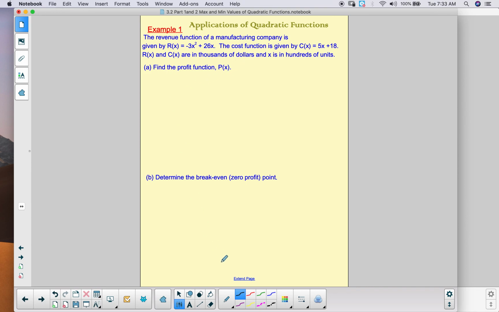We know that the profit function P of X is equal to the revenue minus cost, so R of X minus C of X. And the R of X is negative 3x squared plus 26x minus the C of X function, which is given to us as 5x plus 18.